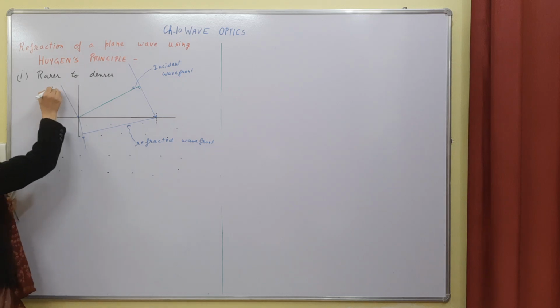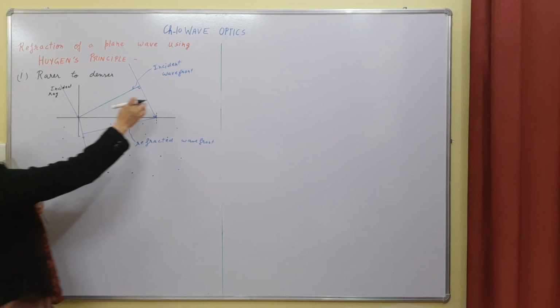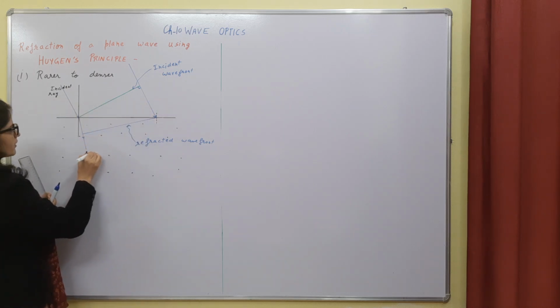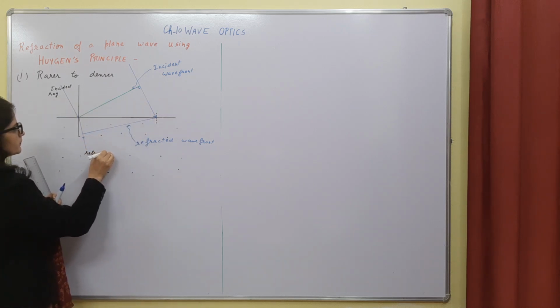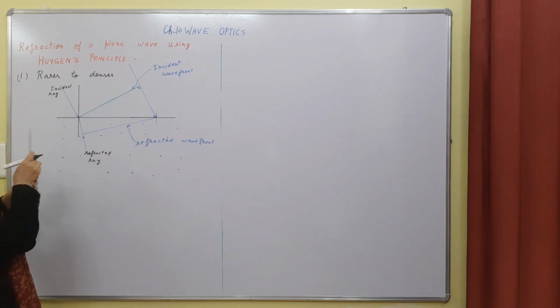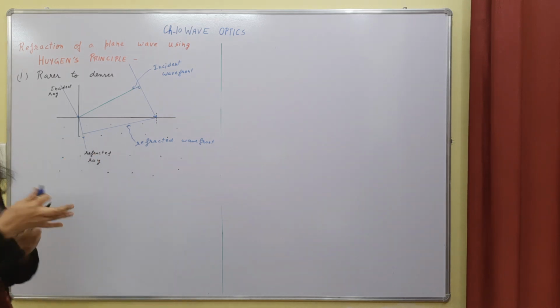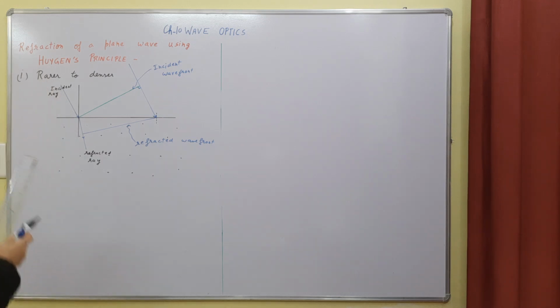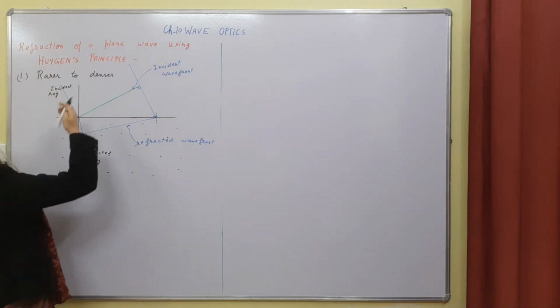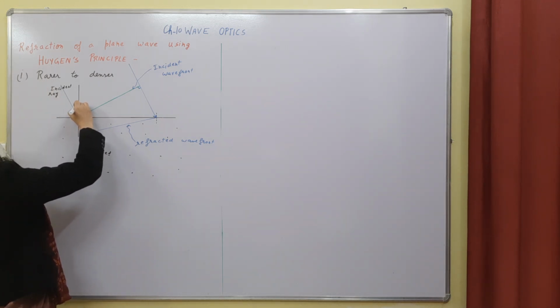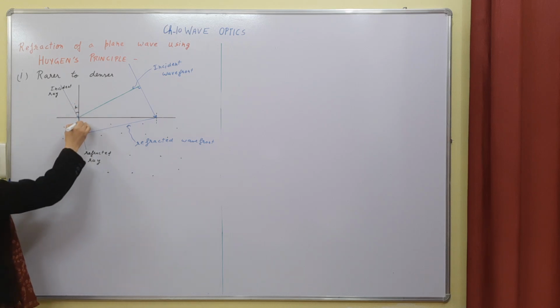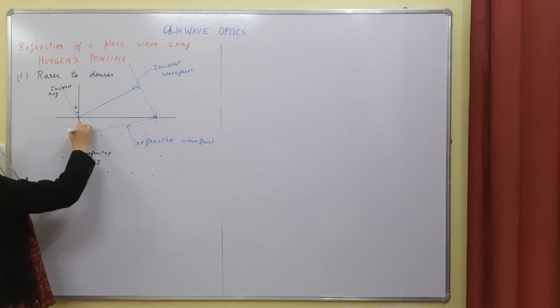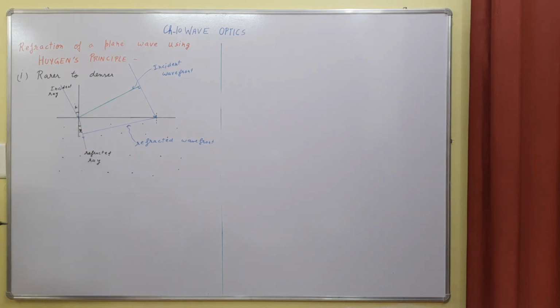Now this is the incident ray. This is also an incident ray. This is the refracted ray, right? And what will be the angle of incidence? The angle of incidence will be this, and this will be the angle of refraction.